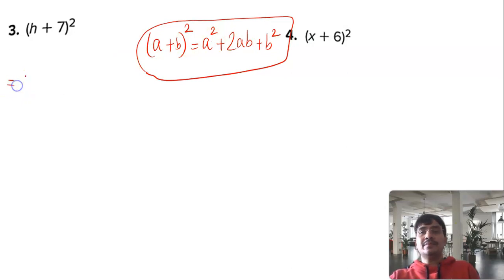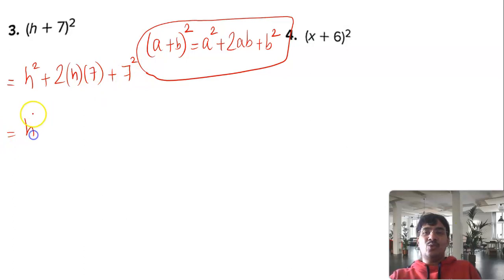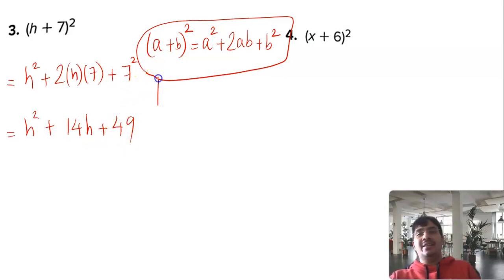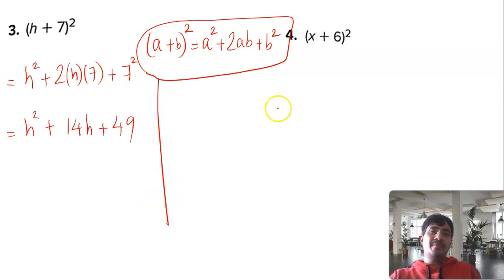So we have a squared, which is h squared, plus 2 times h times 7, plus 7 squared, which is 49. So it is h squared, 2 times h times 7 is 14h, 7 squared is 49. That's it. This is finished.